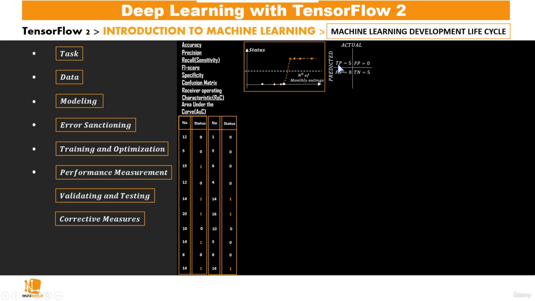So this TP stands for true positive, this FP false positive, FN false negative, and TN true negative. Now let's let the true statement be for 1 and the false statement be for 0. So true positive here signifies all points which normally fall under 1 and which our model predicts as 1.